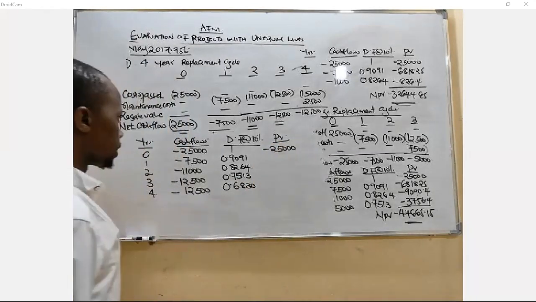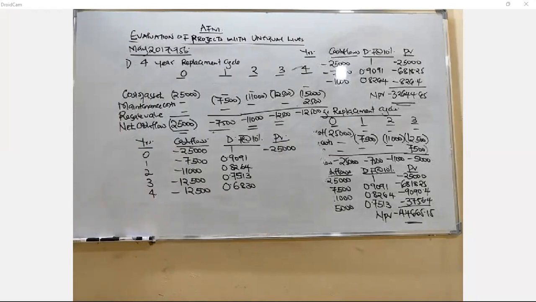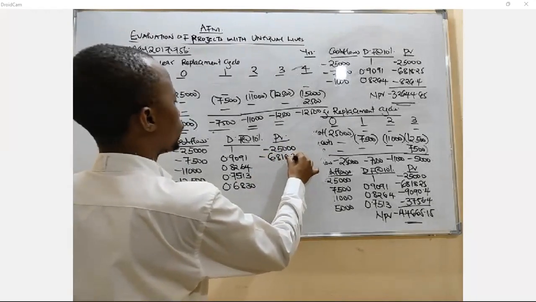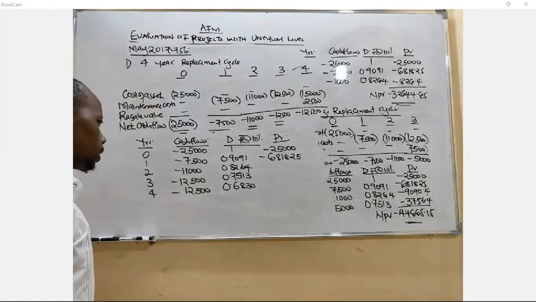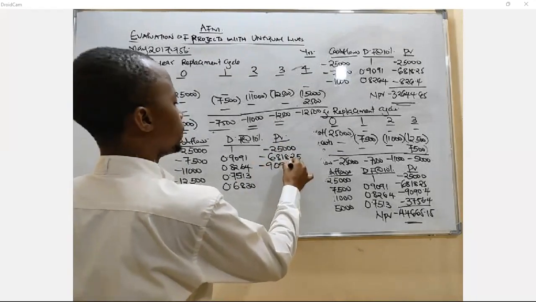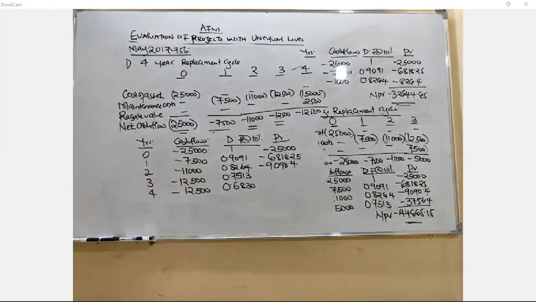The second one is how much? The second one we got negative 6818.25. For year 2, which is negative 11,000, we got negative 9090.4. Then we have here 3. How much is this?